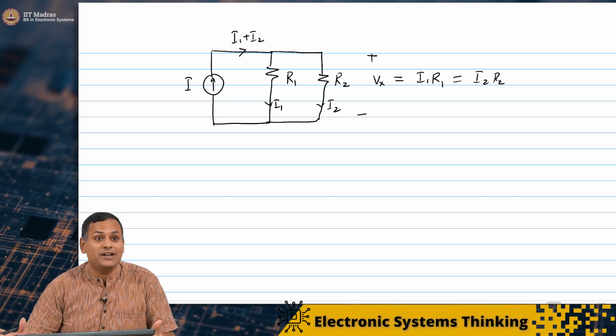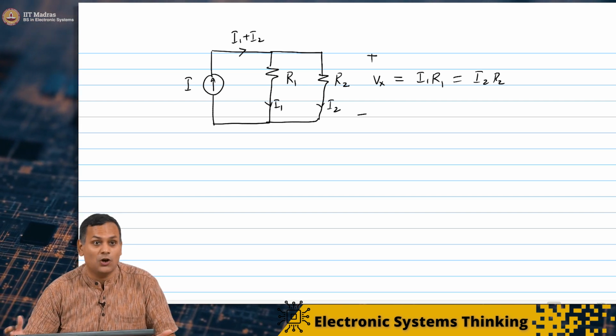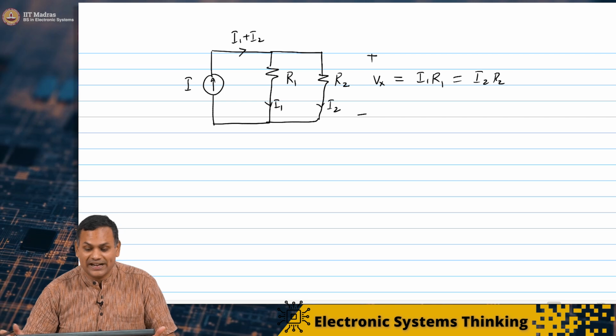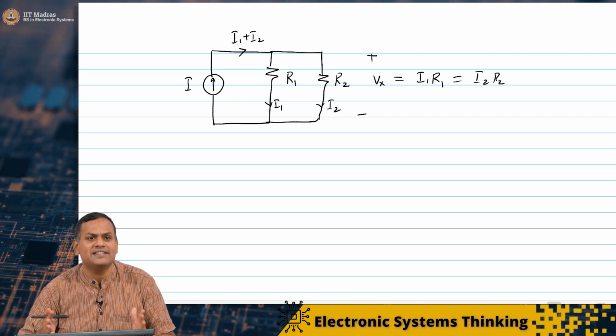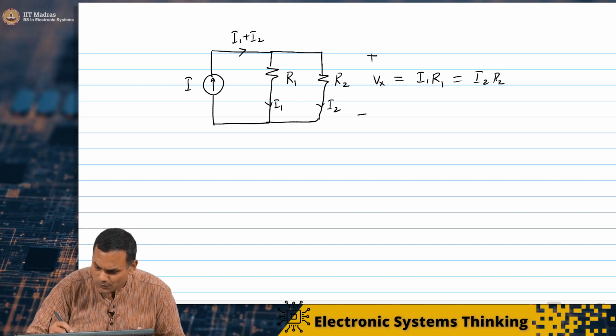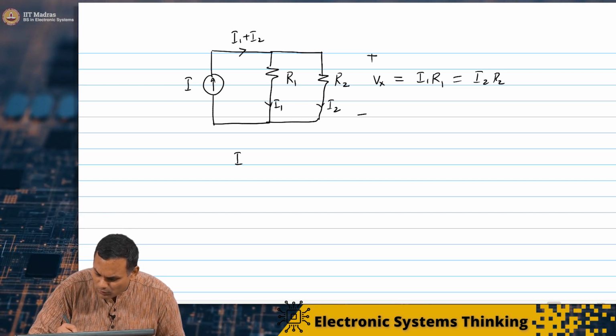I now have two equations, so I can solve for I1 and I2. Let us say that I am interested in the current through R1, I1. So I want to solve for I1.